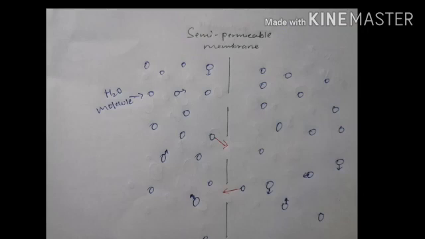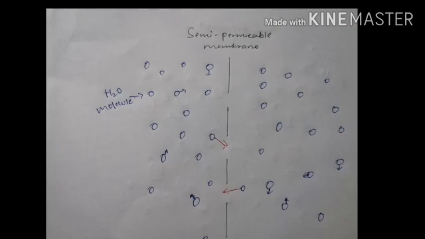That means it allows some things to go through and not other things. Let's say the semi-permeable membrane does allow water molecules to pass. And in a few seconds we will talk about what it does not allow to pass, which makes it a semi-permeable membrane. Let's just think about what would happen if we just had water molecules on both sides.